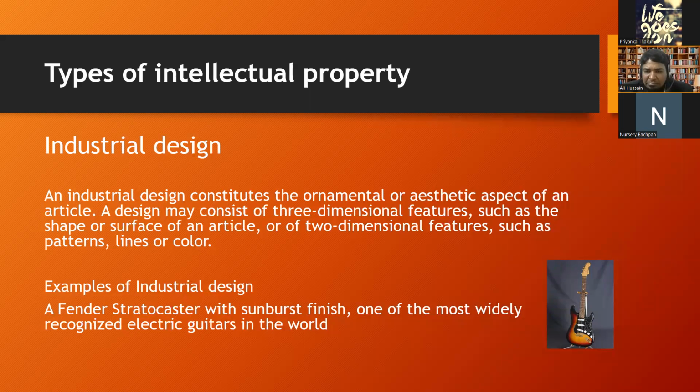It could be a two-dimensional feature, or a three-dimensional feature, or a multi-dimensional feature using multiple colors, multiple lines, multiple strings. These all come under industrial design. So what industrial design gives you is, once you have created that design, it safeguards others from misusing that design.